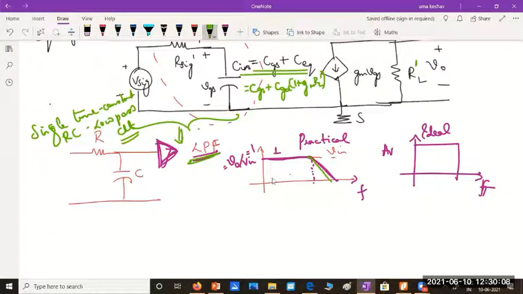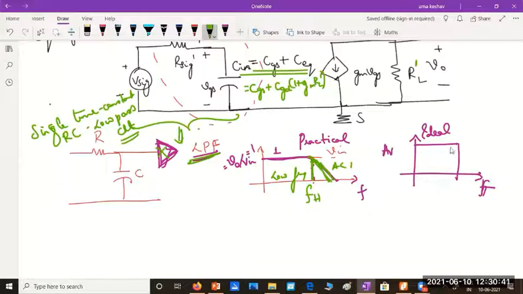At low frequencies it will have a gain of 1 if I don't have any amplifier, and at high frequencies it will have a gain less than 1, because the signal gets attenuated. We will find a cutoff frequency f_H. After this cutoff frequency, all the components get attenuated significantly.